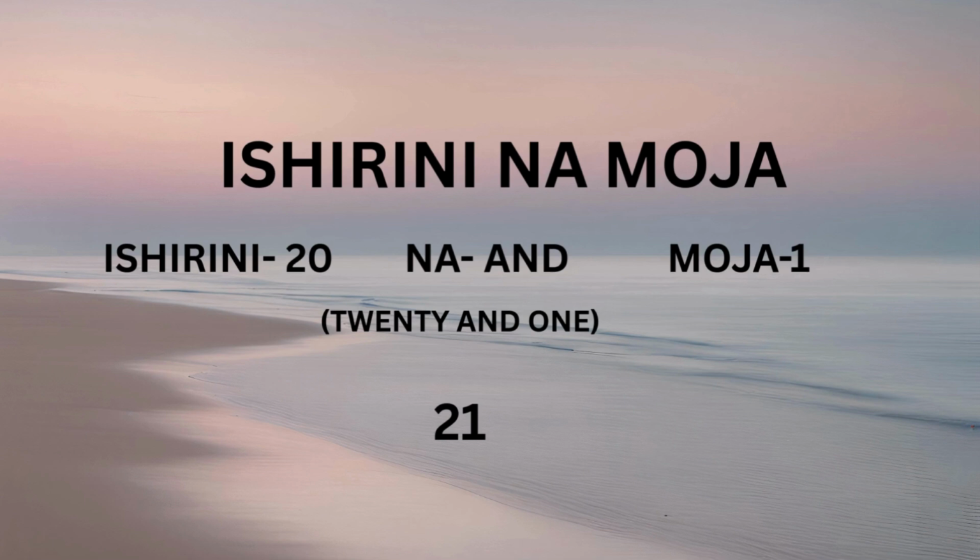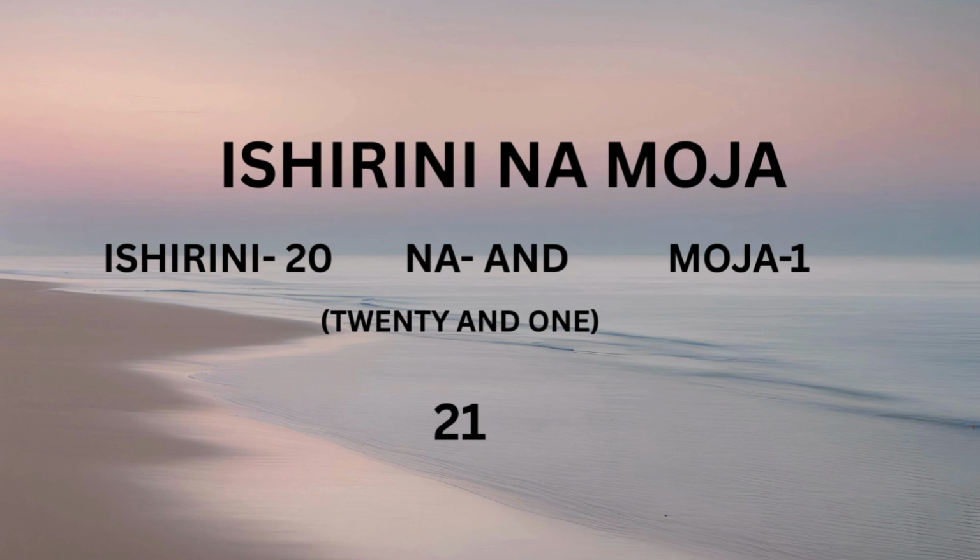Then na, which is Swahili for the conjunction and. Then finally moja, which is 1, as we had learned in the earlier video. Therefore the translation will be 20 and 1. And in Swahili it becomes ishirini na moja.